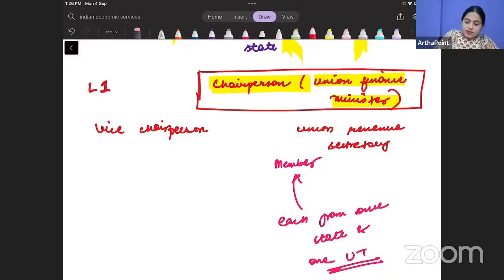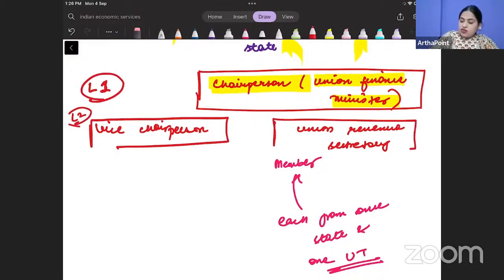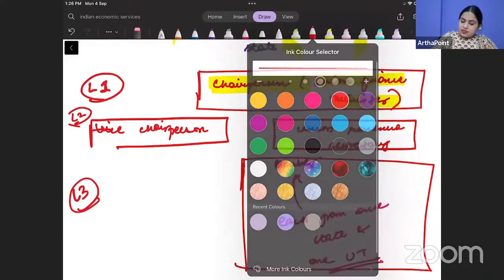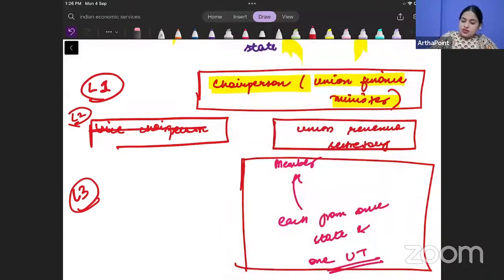This is level 2. Level 2 में you have vice chairperson and union revenue secretary. And then this is, beta, level 3. In level 3, you have members, each from 1 state and union territory, right? So the vice chairperson and union revenue secretary are under the chairperson, under the union finance minister, and then you have these parts under this.